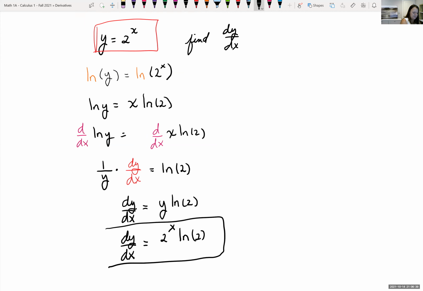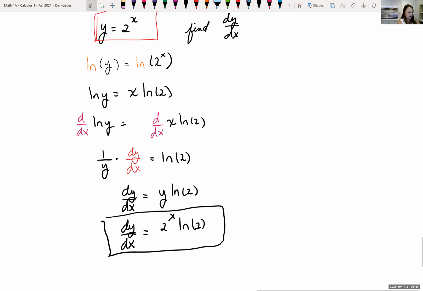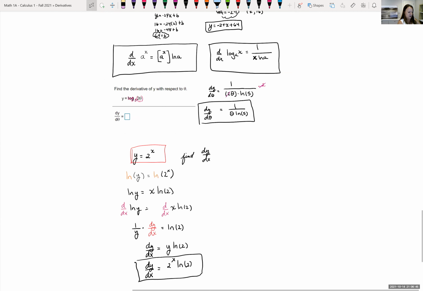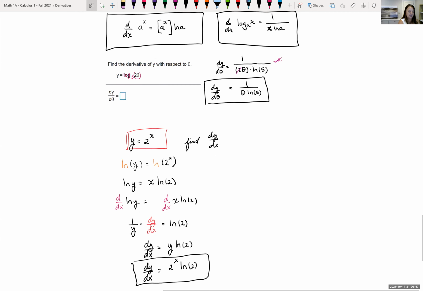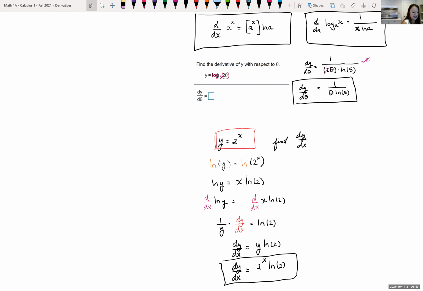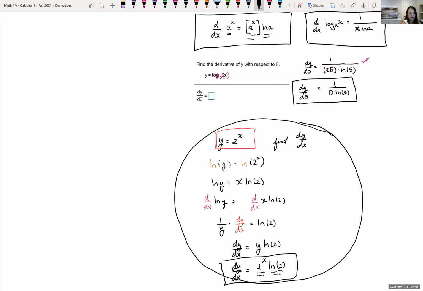Which, if we looked at the formula that I just gave up here, if the base is not e, it's itself, which we got, 2 raised to the x times the natural log of the base. So I was able to get that without having that formula memorized by using that logarithmic differentiation.